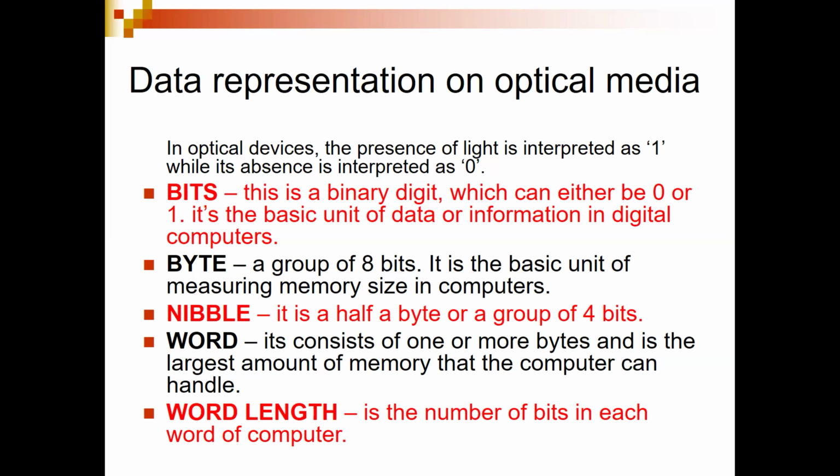The smallest element that can be used to represent data in the computer is called a binary digit. Now, the second terminology is called a byte, which is simply a group of 8 bits.